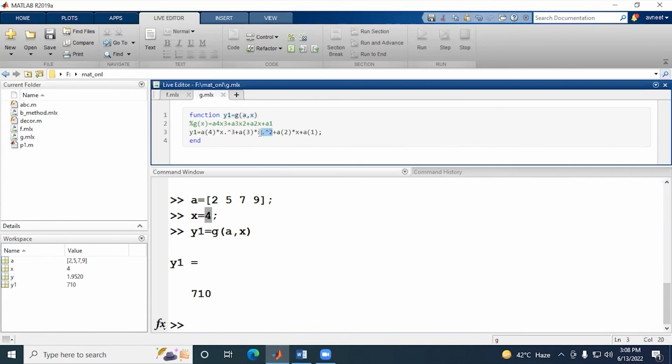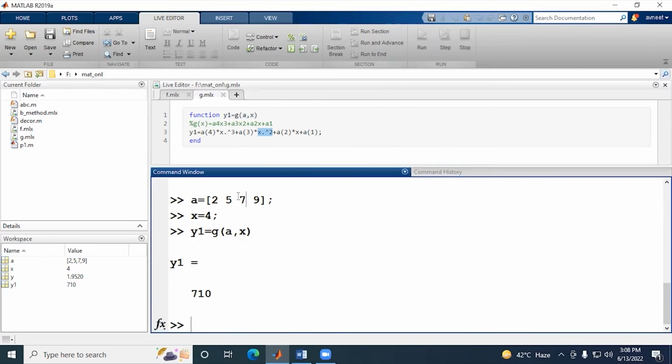In the second case, make the square of 4 and multiply it by 7. So likewise, after calculating all these things, the answer is 710. Hope you're clear with the indexing concept also. And if you're not clear, you can go back and see the arithmetic operator video where we discussed it in matrix operations. So this is how you can get your equation done.